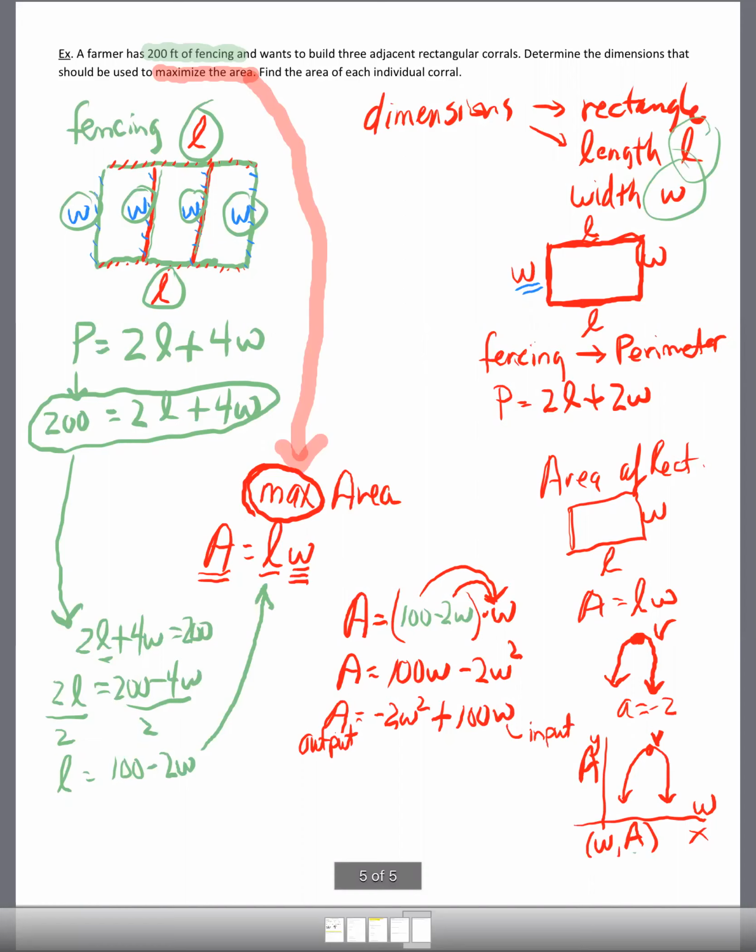In our case, our H is being played by W, our K is being played by A. So to find the H, which is actually width now for us, we'll take the opposite of your B value, which is 100, over 2 times A, which is a -2.